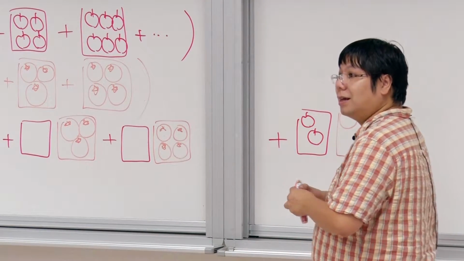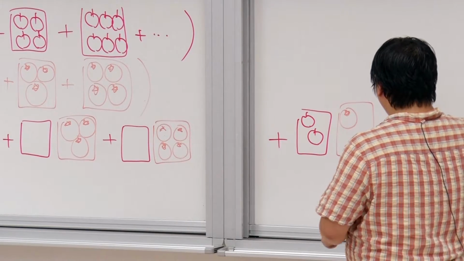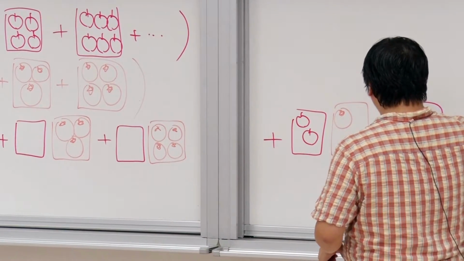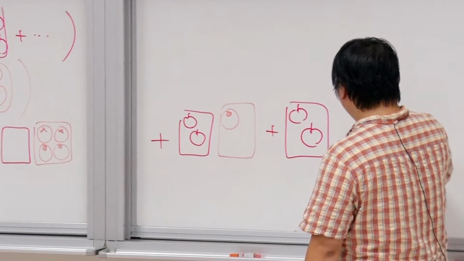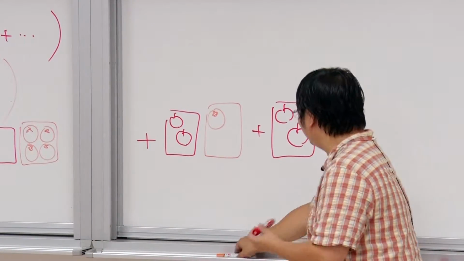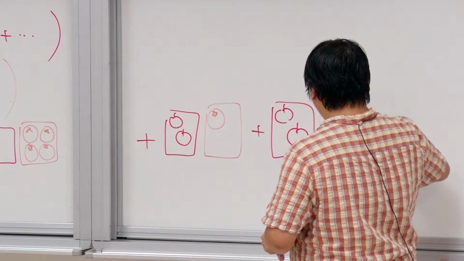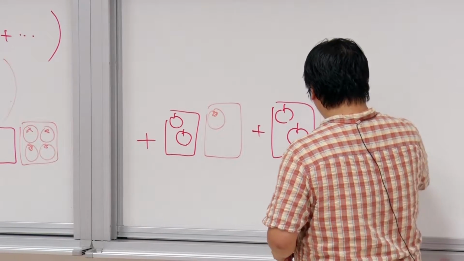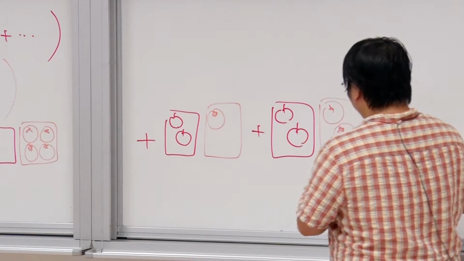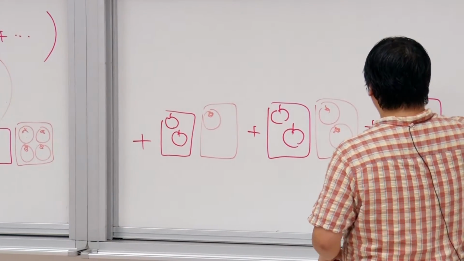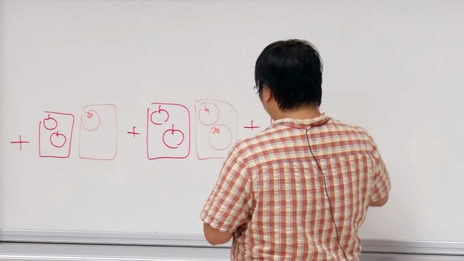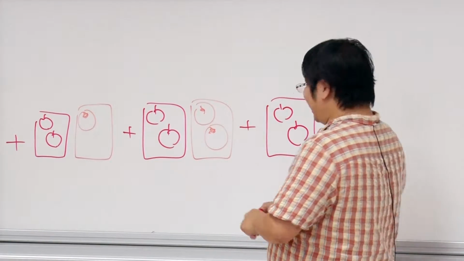Let me speed up. Then 2 apples with 2 oranges, and then 2 apples with 3 oranges.